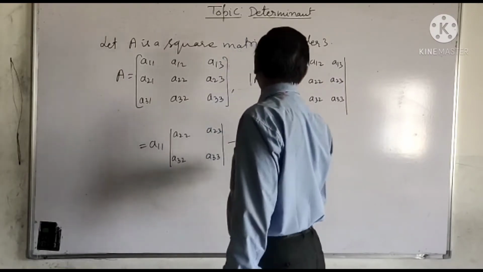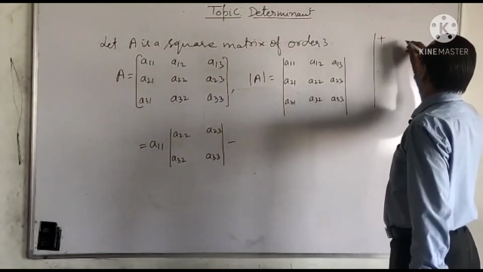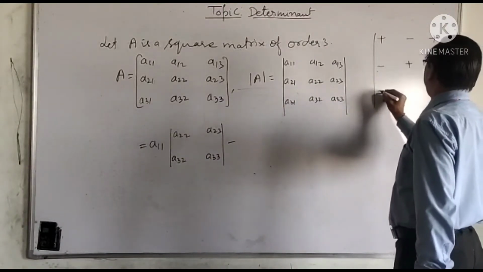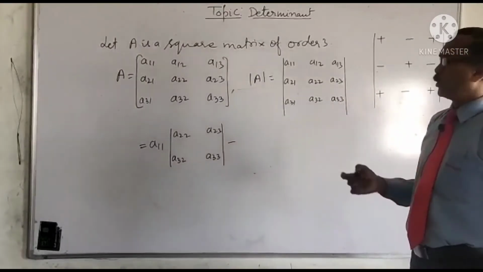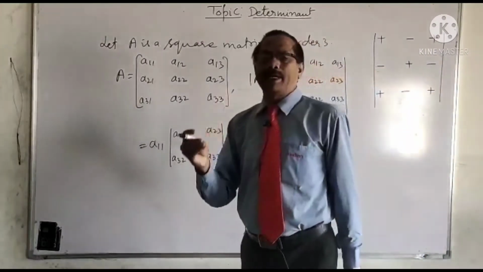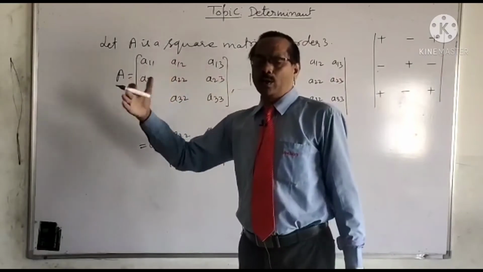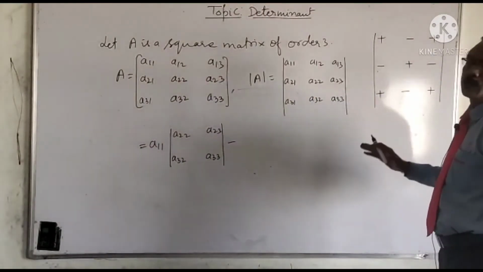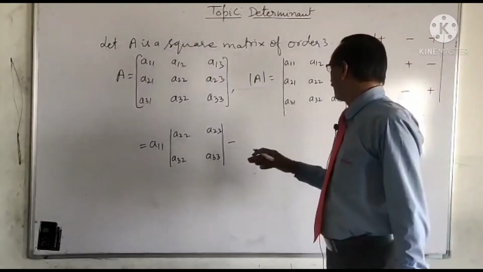Then minus, for there is a sign convention: plus minus plus, minus plus minus, plus minus plus. So this determinant can be expanded by any 3 rows or any 3 columns. So there are 6 methods to expand this determinant.